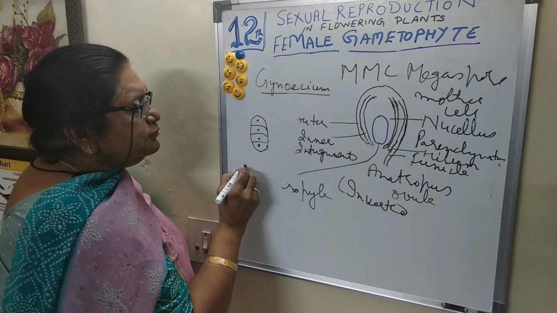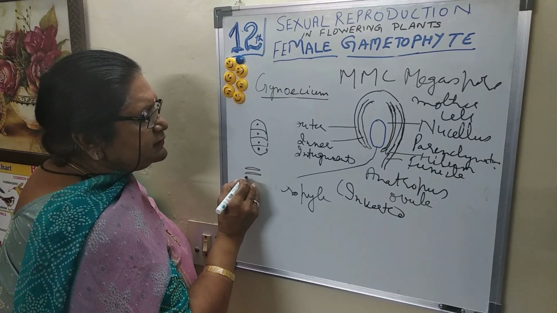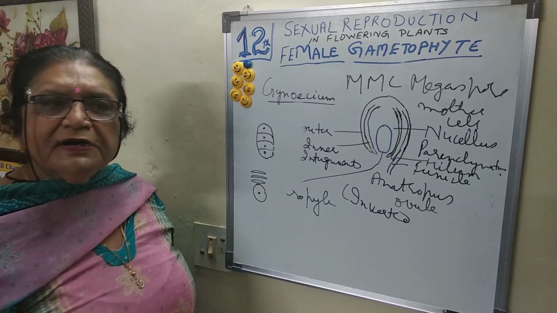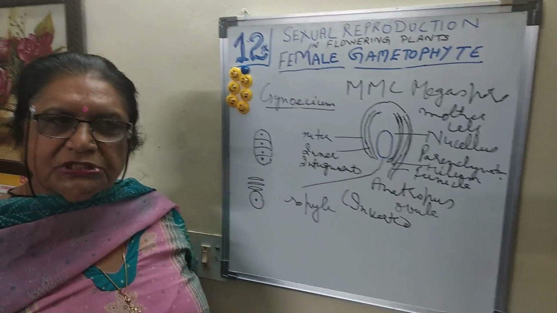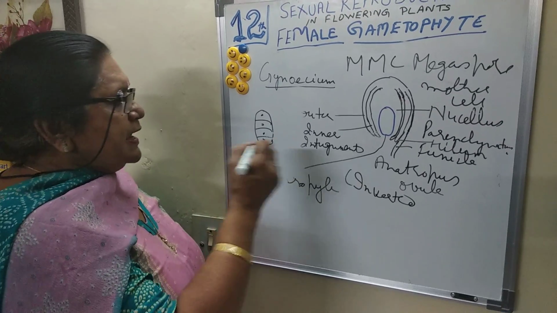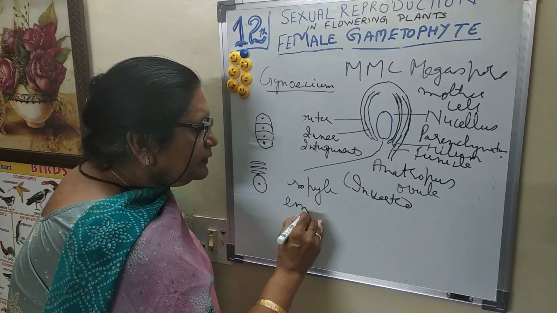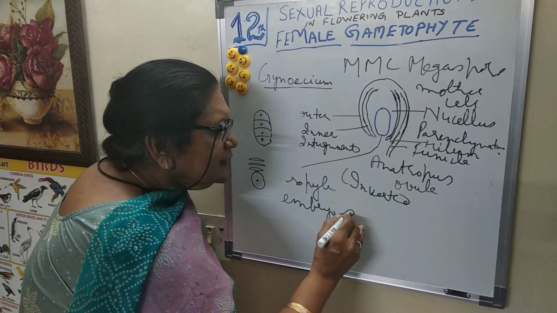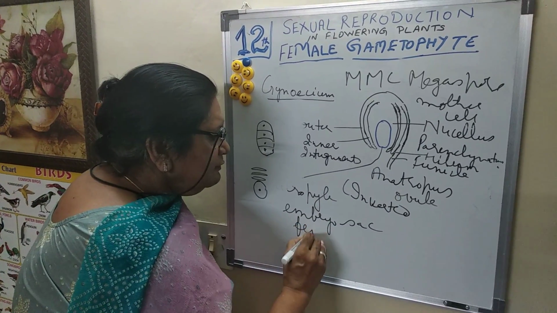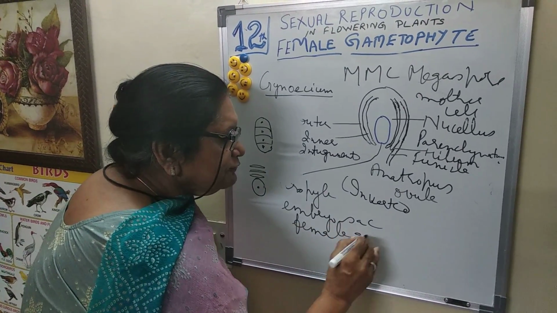Out of these four, three degenerate and one becomes functional, which further gives rise to the embryo sac. So the embryo sac is called the female gametophyte.